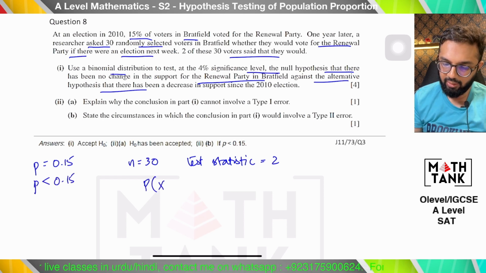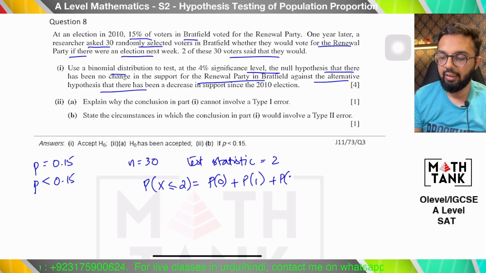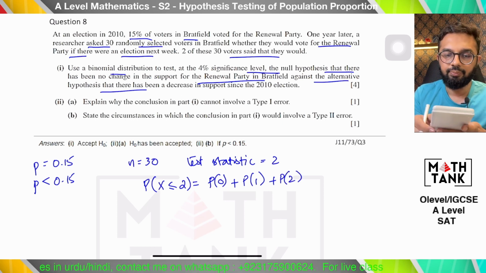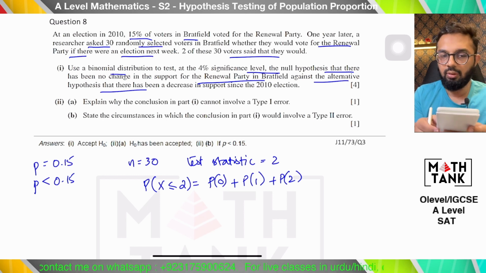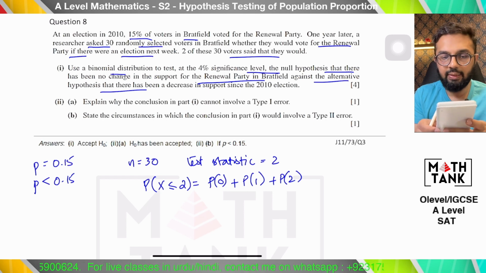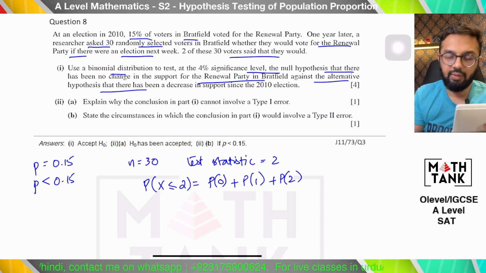So I will do the probability of X less than or equal to 2, that is 0, 1, and 2. I'm doing this again on my calculator. n is 30 and 0.15 is my probability of success.